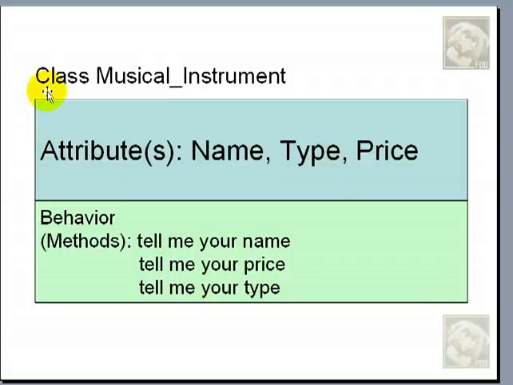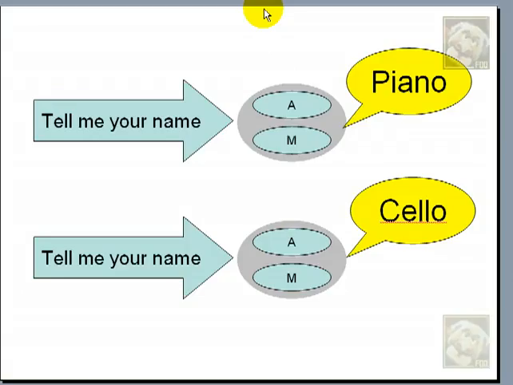How does that work? So we have class musical instruments. Now let's reproduce this in two objects. So we have made instance number 1, which can receive a method, please tell me your name. And this object will respond piano, meaning that attribute name within has been given the string piano.